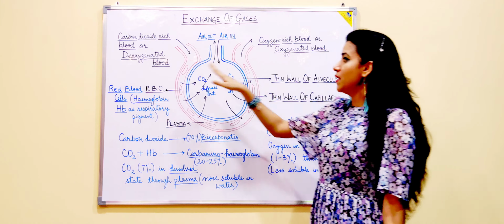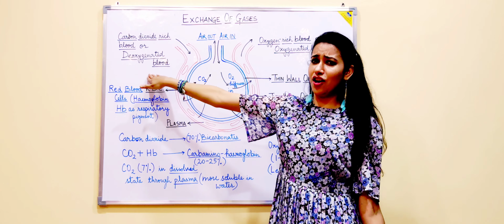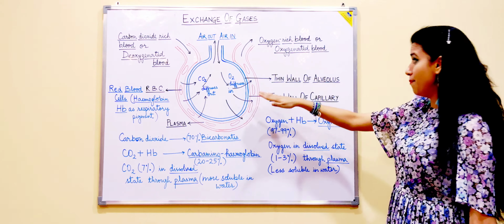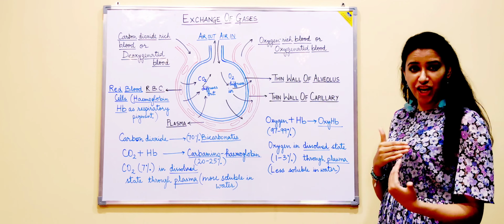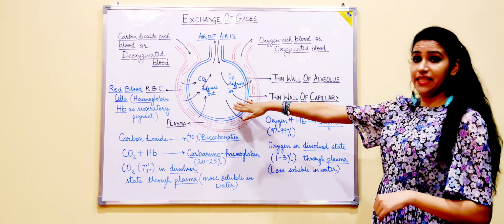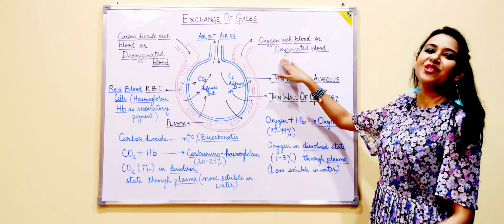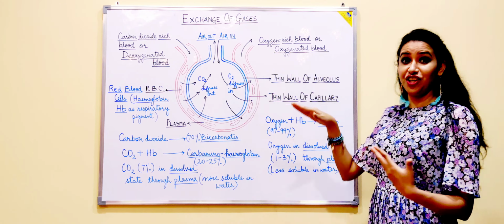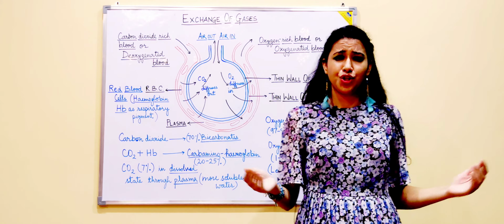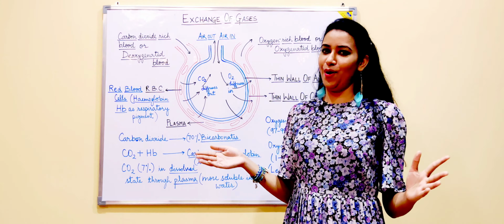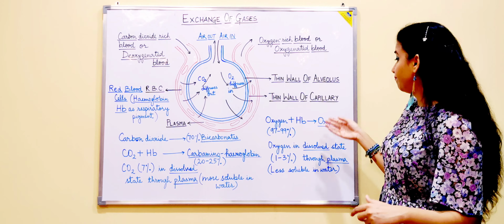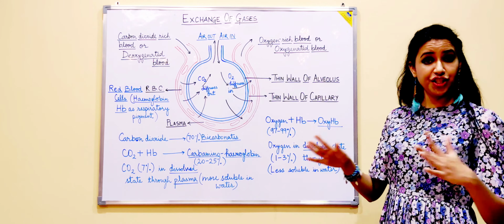When the blood was coming, it was deoxygenated or carbon dioxide rich blood, and after the exchange has occurred at the alveolus, or in fact millions of alveoli, the blood becomes oxygen rich or oxygenated blood and is ready to be transported to different parts of the body. Well, this is about the exchange of gases.